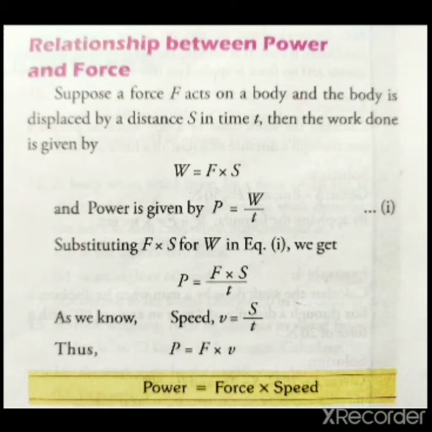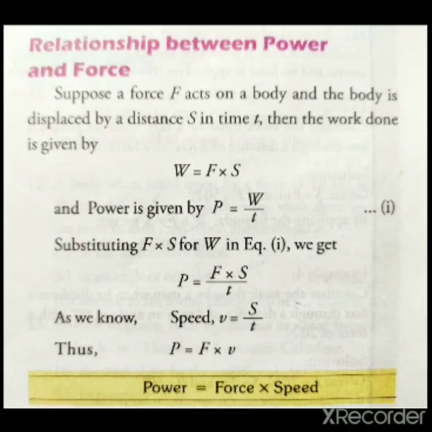Obviously, as discussed in previous classes, force is an agent because of which a rest object can move and a moving object can be brought to rest. Then the work done is given by W equal to F into S, force into displacement.